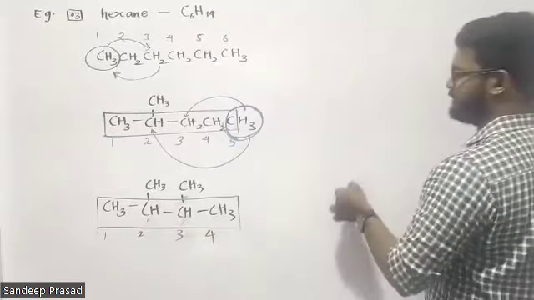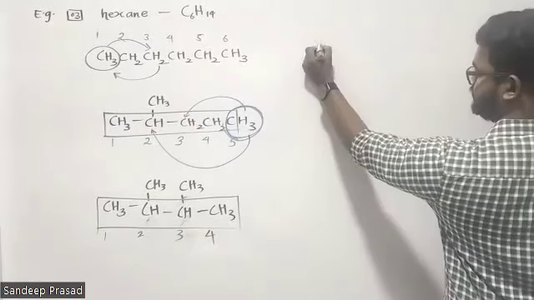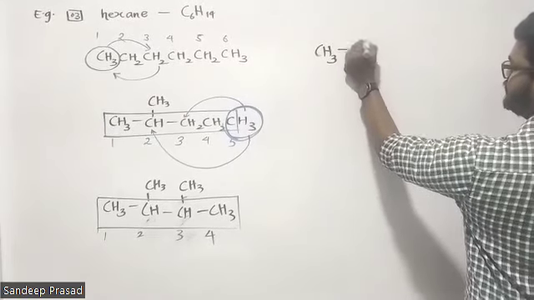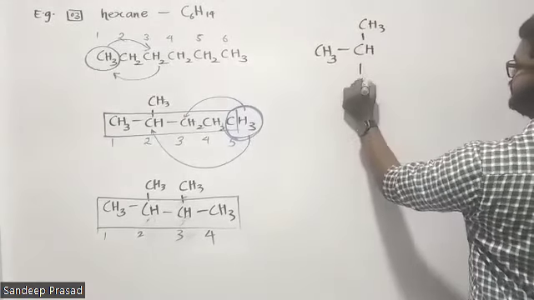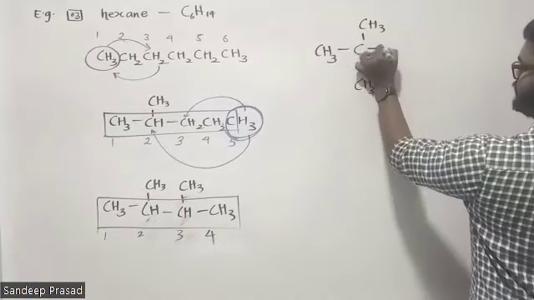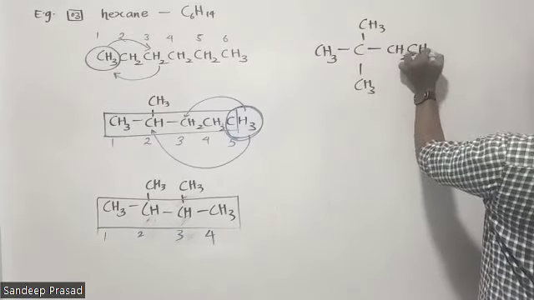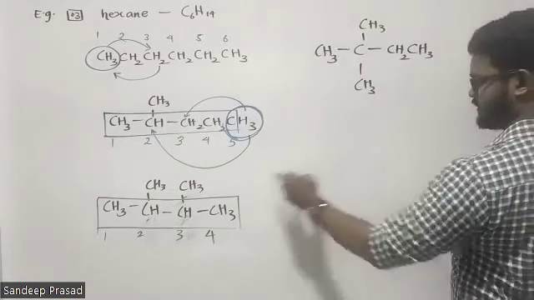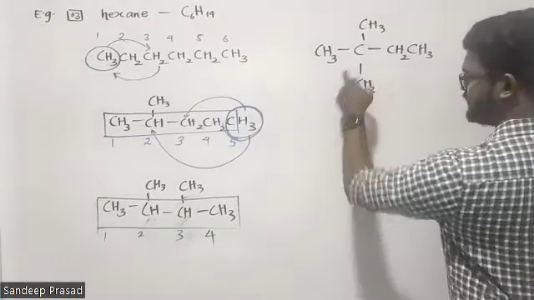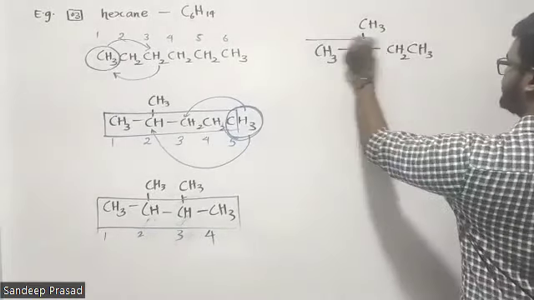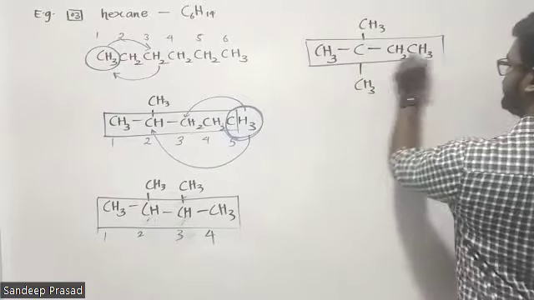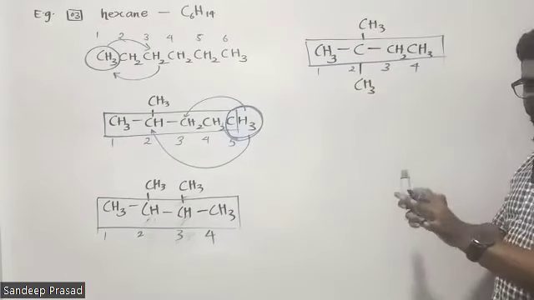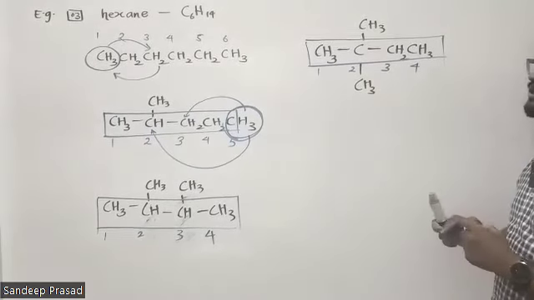Then hydrogen is coming there. So these two structures are different. Here also we have 4, but this one and this one are different. The 4 structures I have drawn are completely different. So this is a little bit complicated because we can draw so many structures.